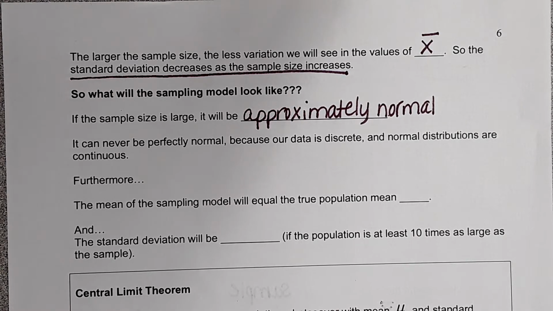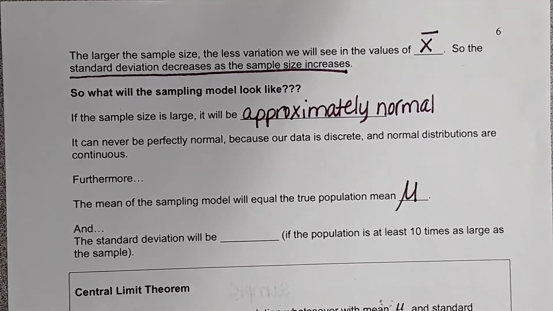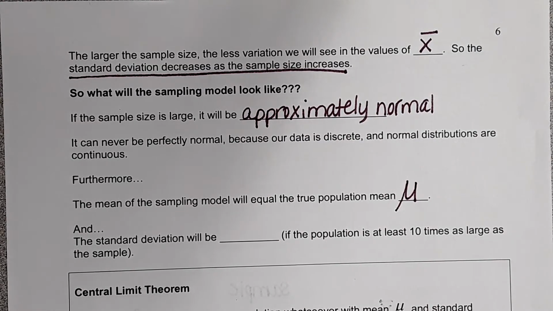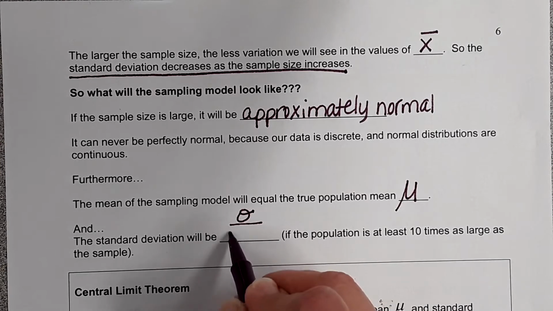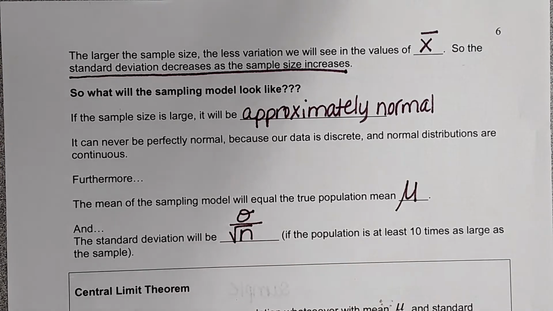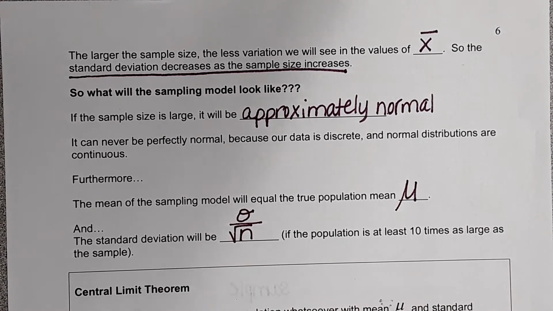The mean of the sampling model will equal the true population mu, and the standard deviation is sigma over the square root of n, if the population is at least 10 times as large as the sample. That is the same way we use standard deviation on the other one, right?